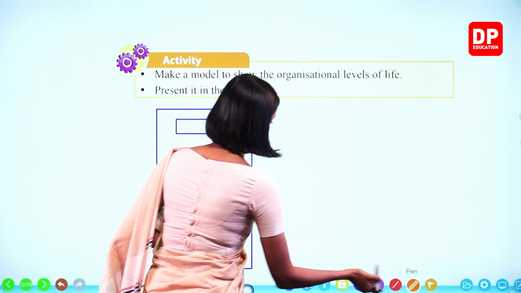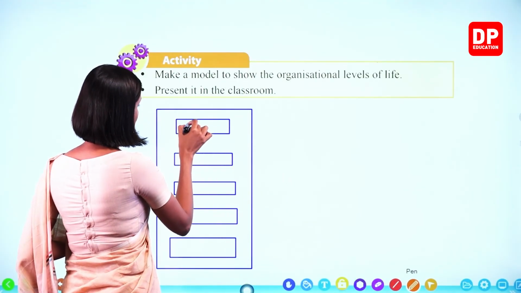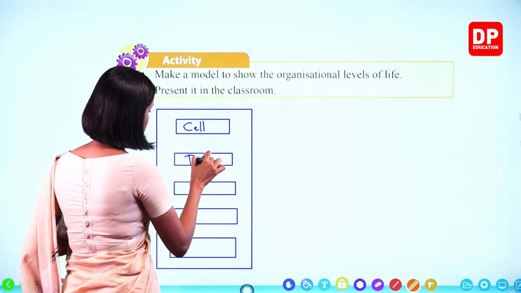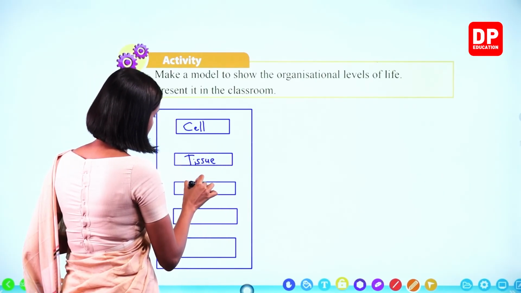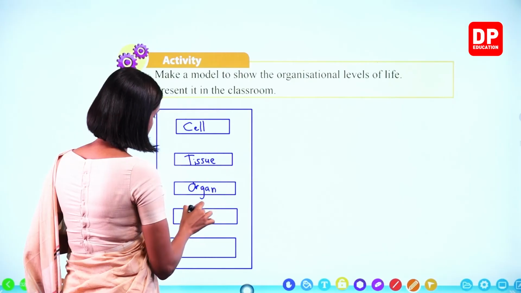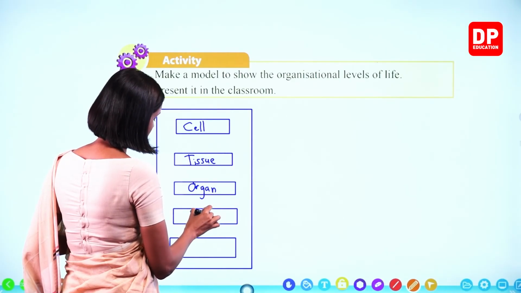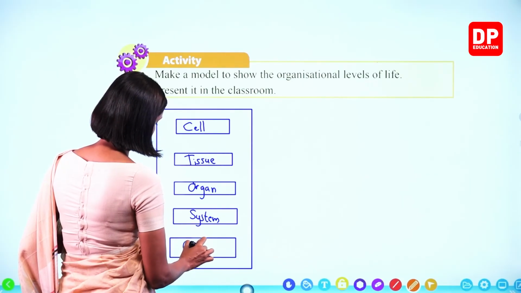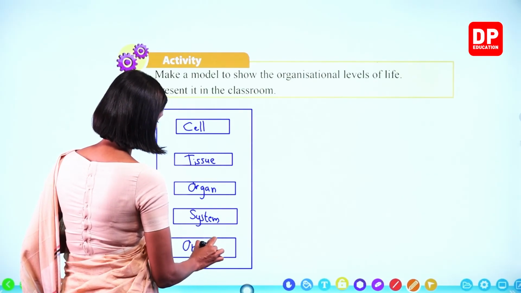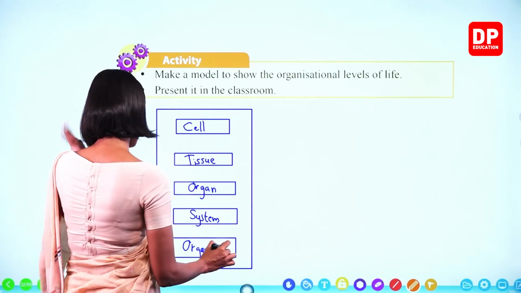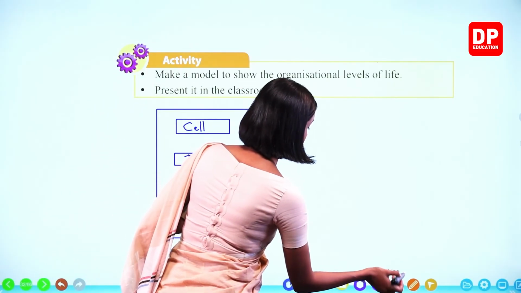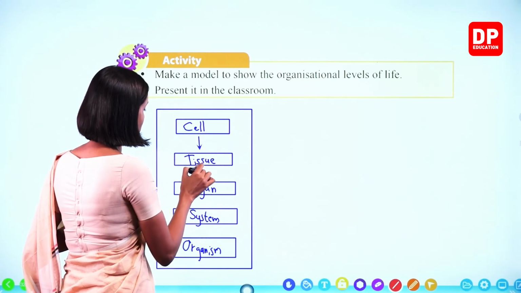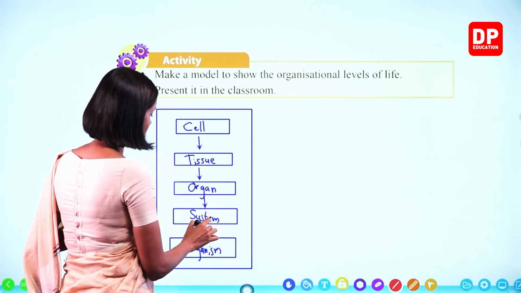And you can write like this, right? Cell, tissue, organ, system, and organism. Right, children? And also you can show it this way.